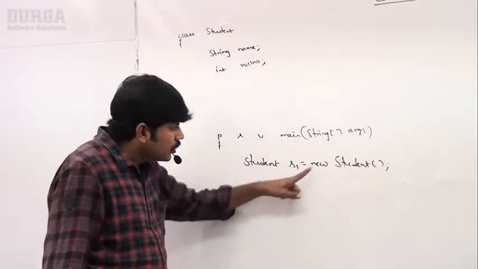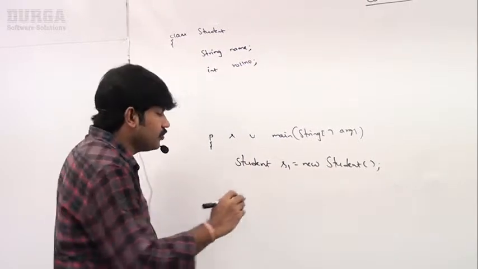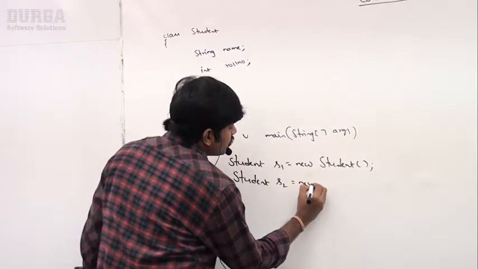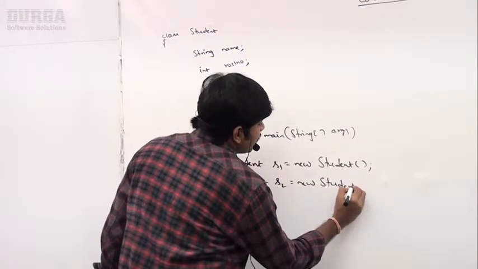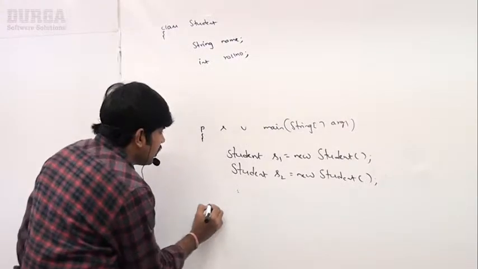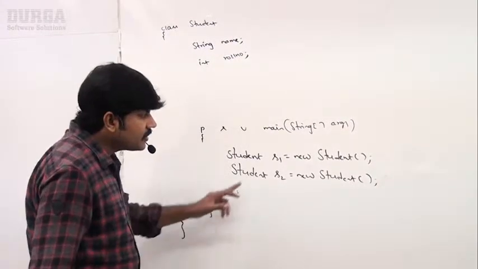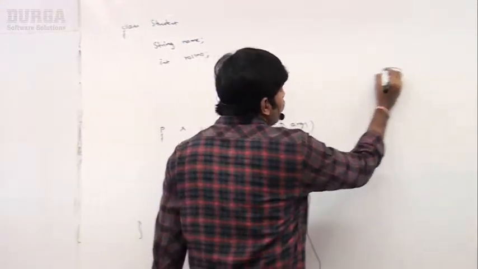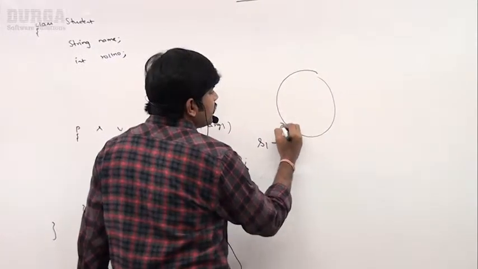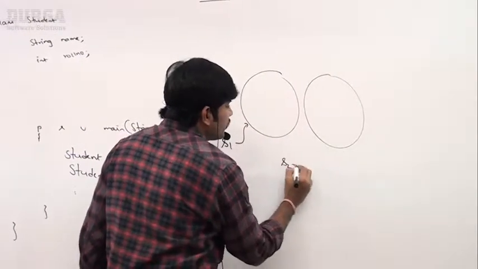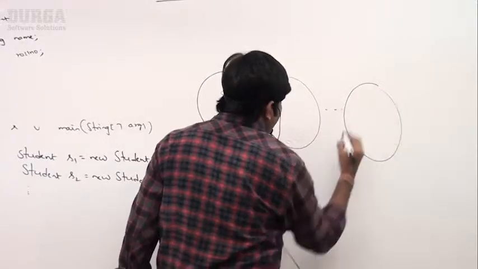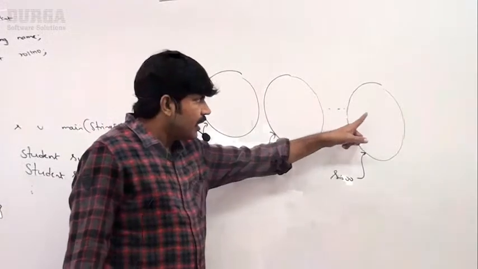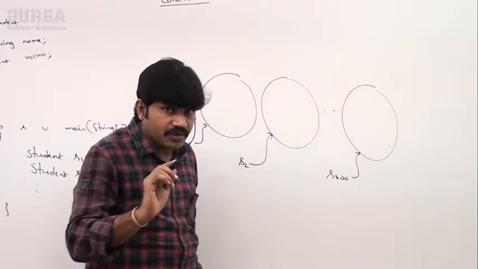Then Student s2 = new Student(), another student object. Assume I created 600 student objects: the first student, the second student, and the 600th student object.